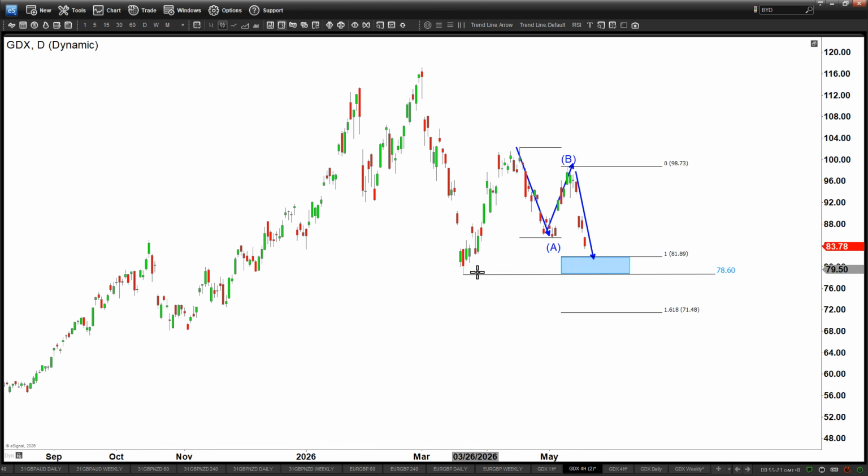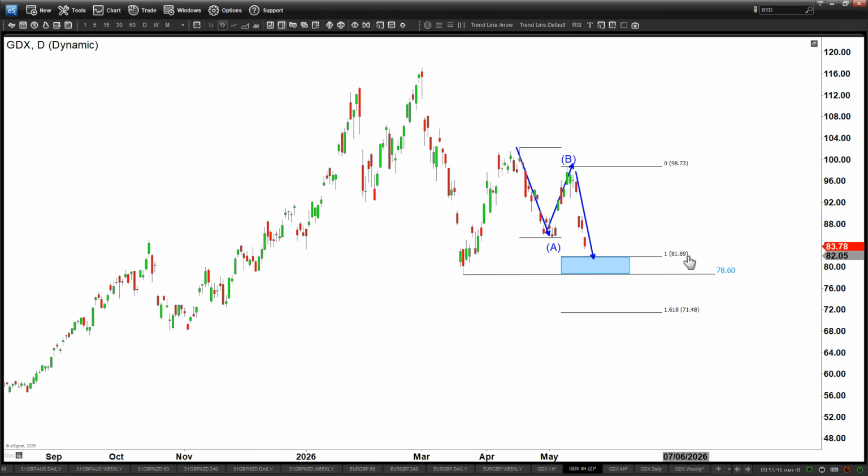Right? If you believe this is more like an impulse, then it supports the bullish view. This pullback likely is not going to break below this 78.6 and then extends higher very soon. So we are looking for support very soon around this 78.60, 81.90. If it breaks below 78.60, then the count changes, the outlook changes. But for now, still remains the same for GDX.